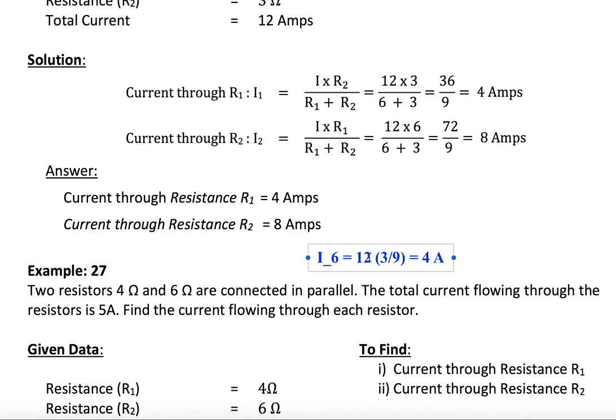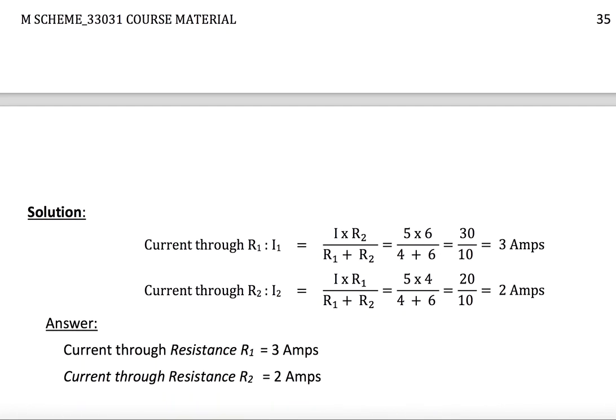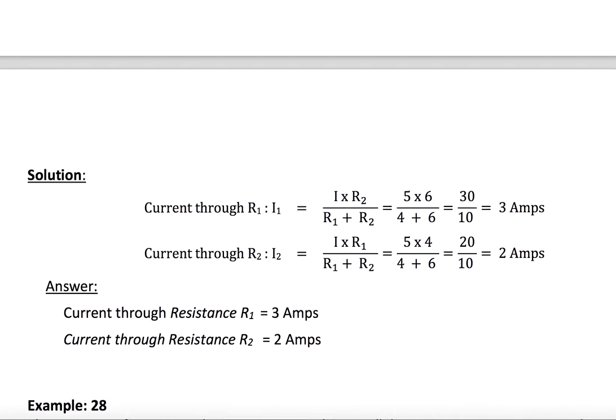I6 equal to total current 5 ampere into opposite resistance 4 by total resistance 4 plus 6, 10 ohms. 5 twos are 10, 2 twos are 4, so 20 by 10 is 2 ampere. If I6 is 2 ampere, I4 is 5 minus 2, 3 ampere. Okay, right.